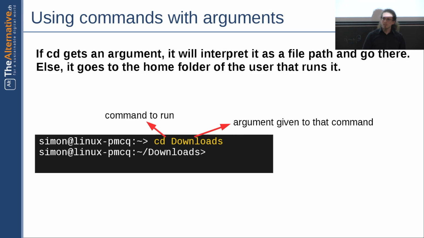This is basically data that's provided to the command, and you jump down into the next directory called downloads. But for other commands, there can be many different arguments. For example, we will later see the cp command for copy. It takes two inputs, copies one file to another location.